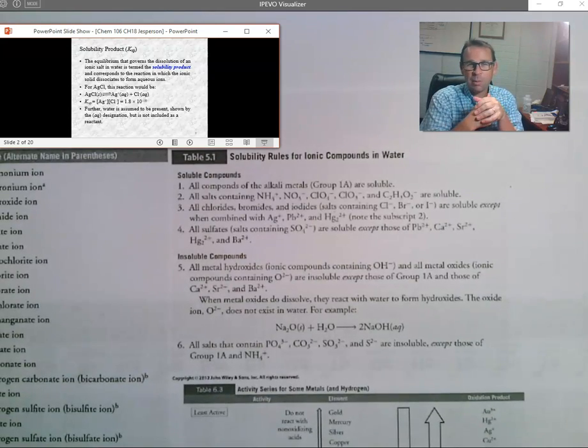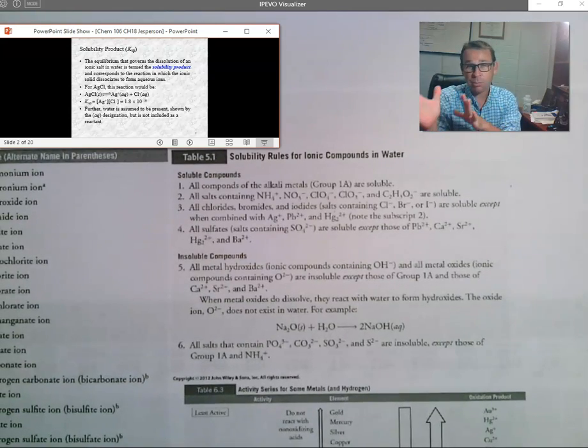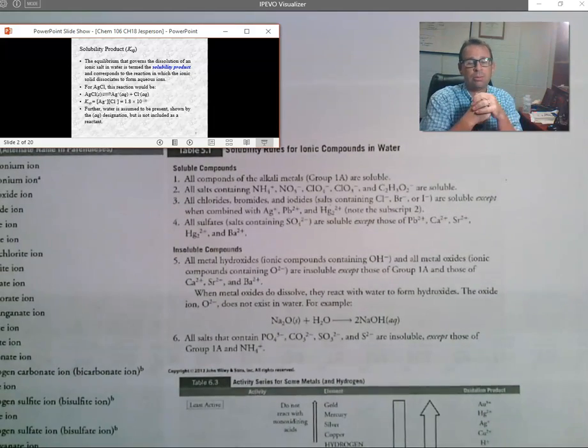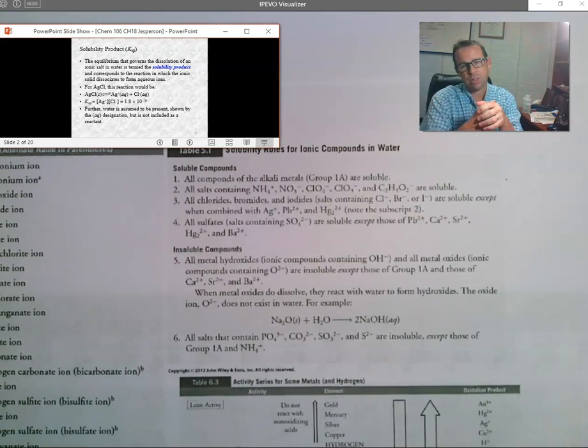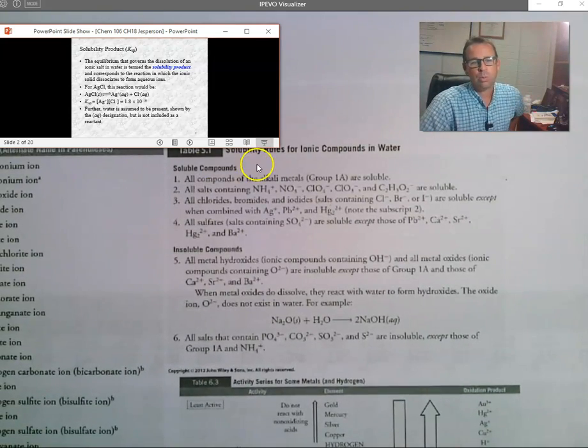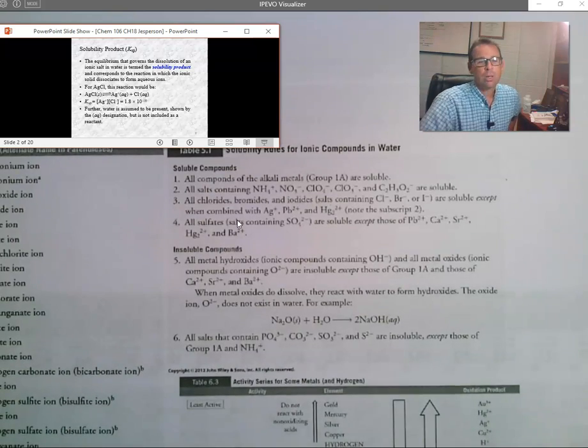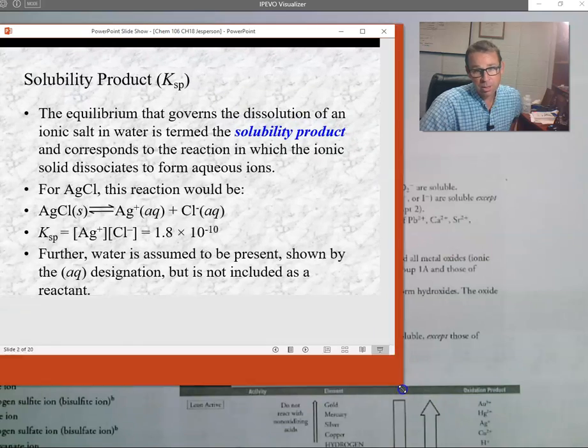That's the way we used to think about strong acids. There were some strong acids, and then the rest were not. But now, using K to tell us about the equilibrium of a given weak acid, we can tease out the strongest of the weak acids and how weak that weak acid actually is. The same is true with solubility. This old chart says these are soluble, these are not. But in reality, there are different degrees of solubility.